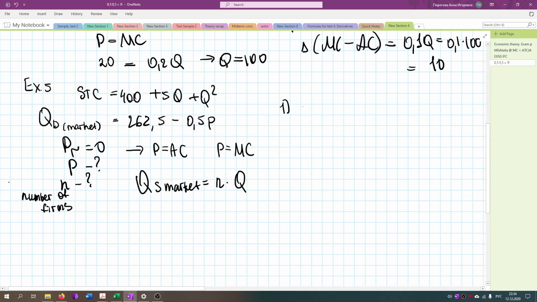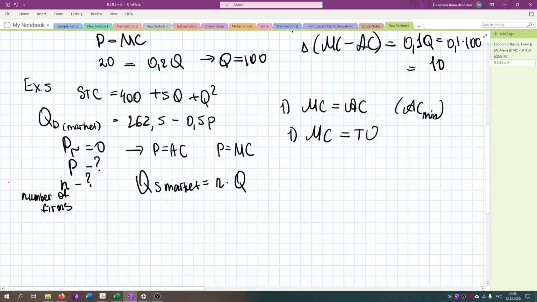As I said, price is equal to average cost and to marginal cost. This means our marginal cost is equal to average cost, and it is AC minimum. Let's find our marginal cost.